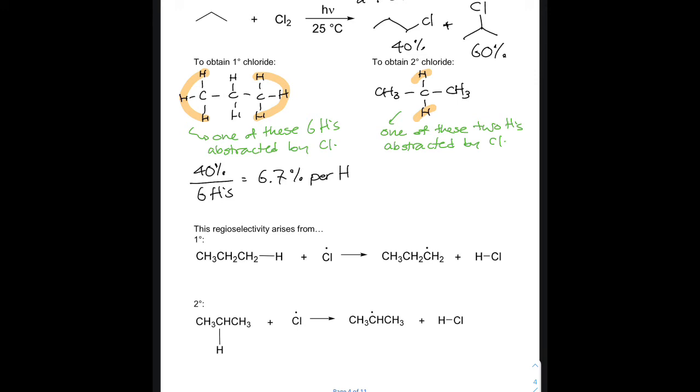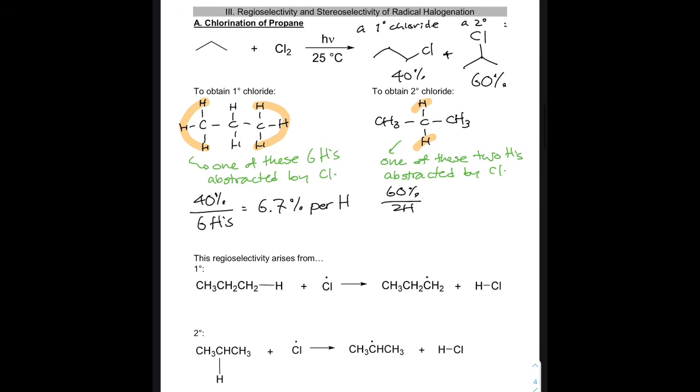Hopefully that makes sense to you, which means the per hydrogen reactivity will be 60% yield divided by 2 hydrogens that could have given us a secondary product. So that'll be 30% per hydrogen.